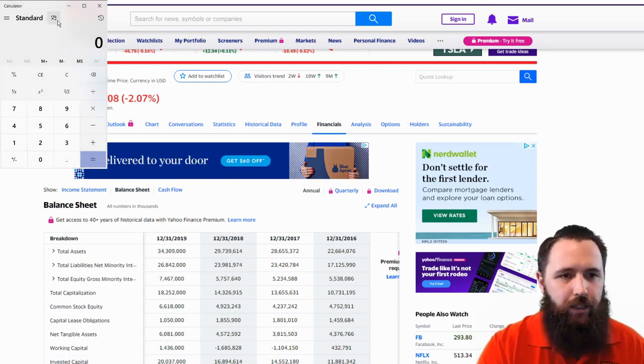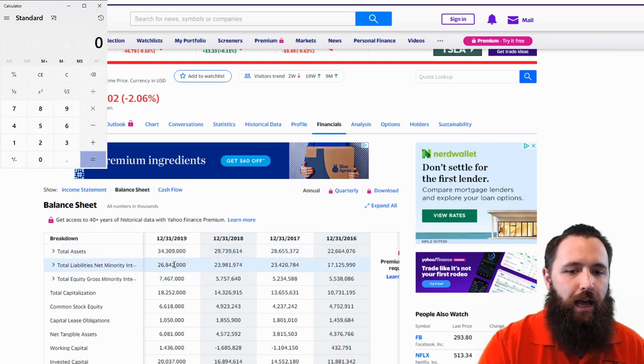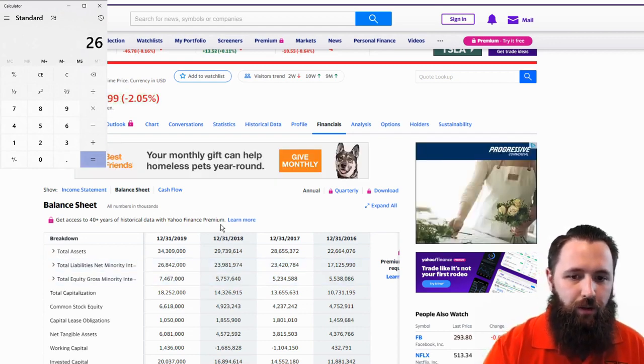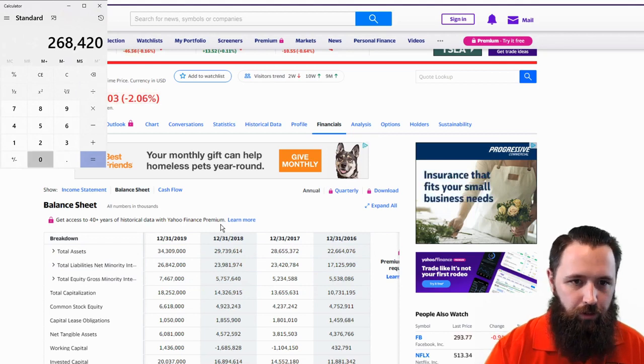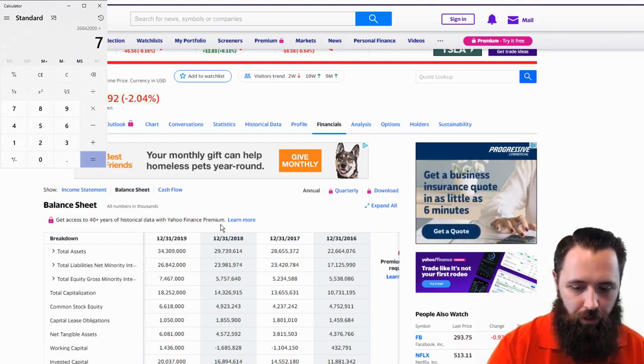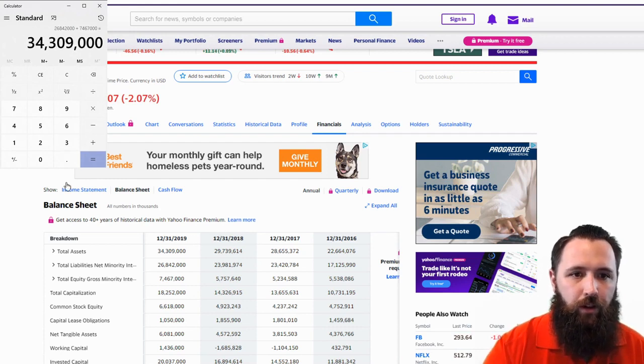I don't know if it'll exactly work, because this financial statement's obviously a little bit more complex, but what's our accounting equation? Assets equals liabilities plus equity. So even a big company like Tesla, let's take our liabilities and add up our equity. 26,842,000, this is 26 million, sorry about that, plus our equity of 7,467,000. 34,309.